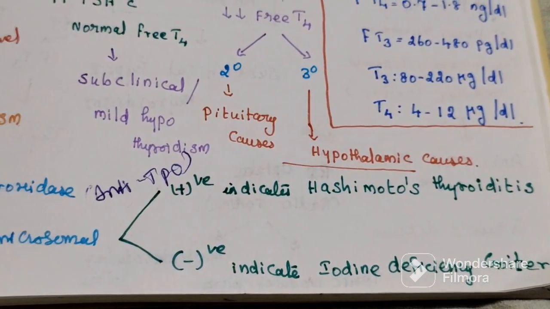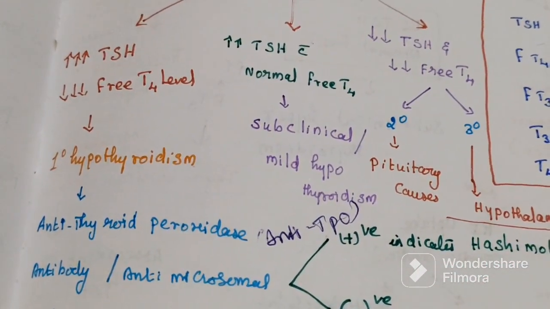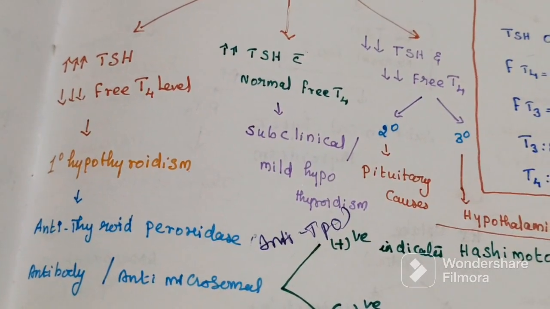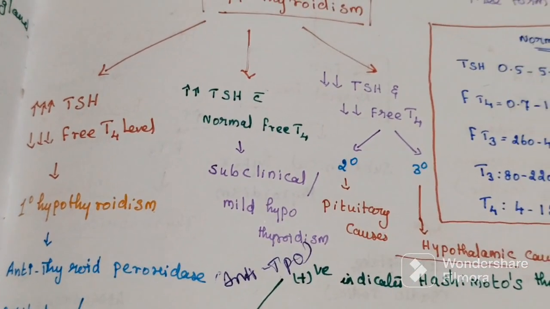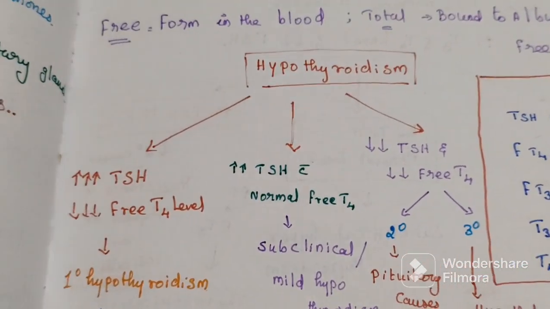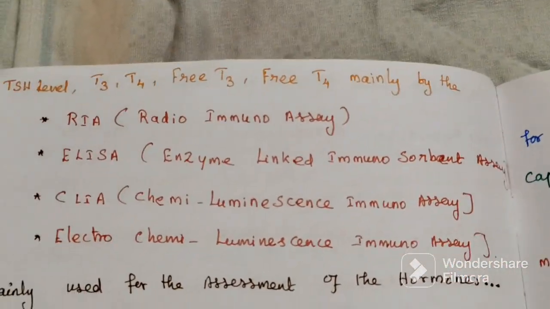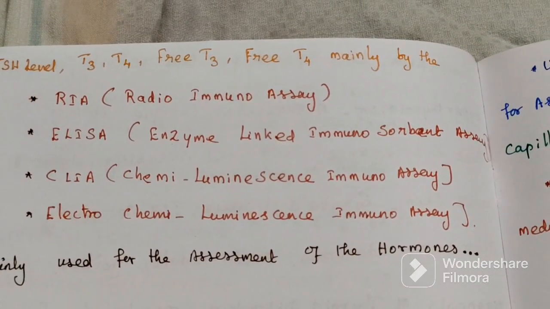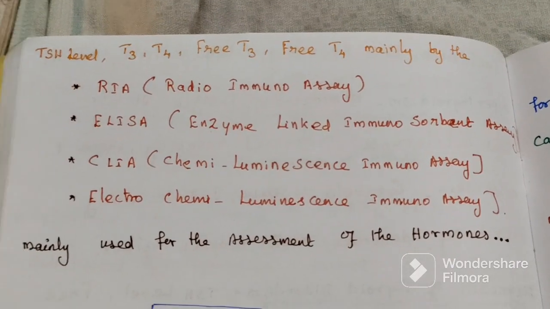So we first estimate the TSH level, T3, T4, free T3, free T4. They are mainly done with the help of RIA, ELISA, chemiluminescence immunoassay, and electrochemiluminescence assay.